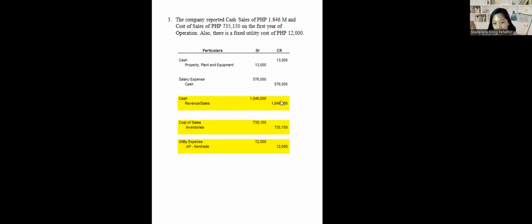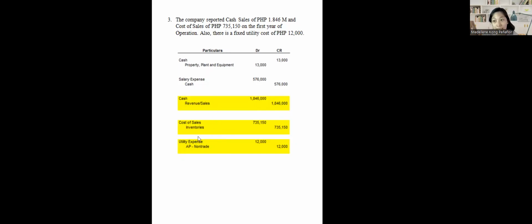The normal accounting balance of revenue is credit. So since revenue is being increased, we have credit revenue 1.846 million. Okay, then the company incurred cost of sales.